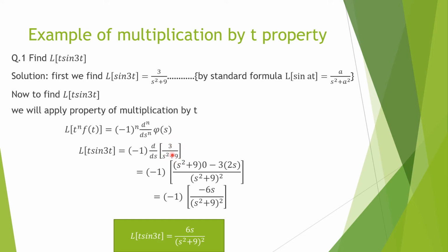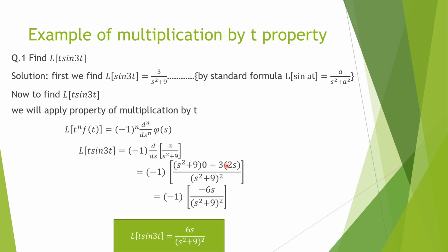Differentiation of this part: you can write this part as u upon v, or you can take the constant out. So I am explaining if it is u upon v, then how to solve. Differentiation of u upon v is v square in the denominator. V is constant, differentiation of u, that is 3, is 0.